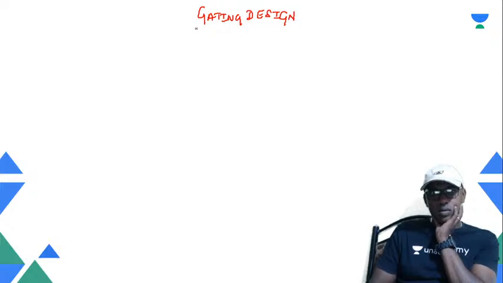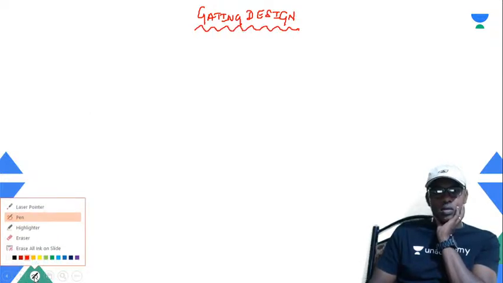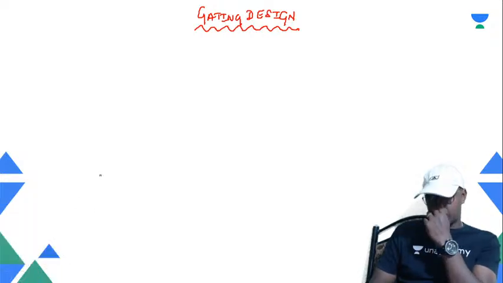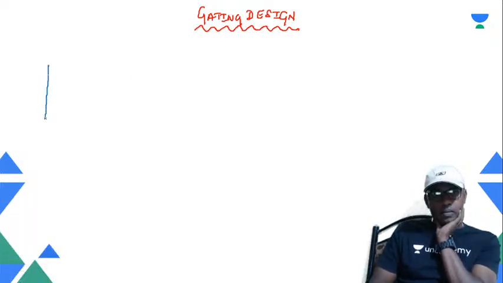So students, when we talk about the gating design, remember the diagram.